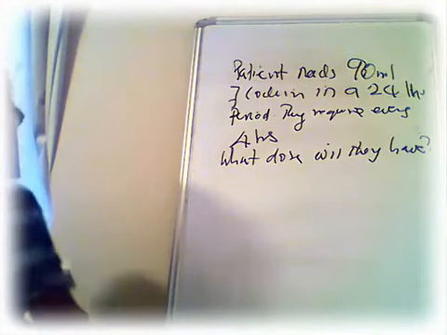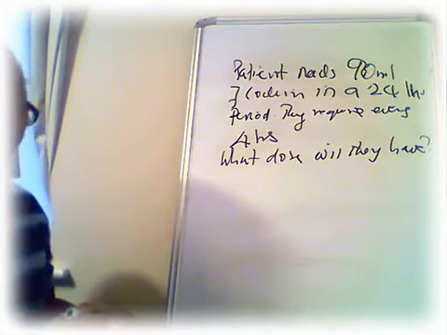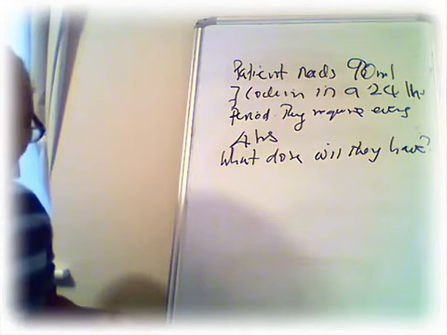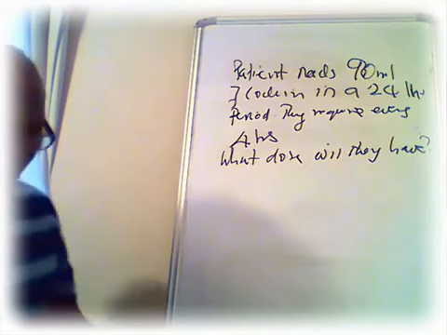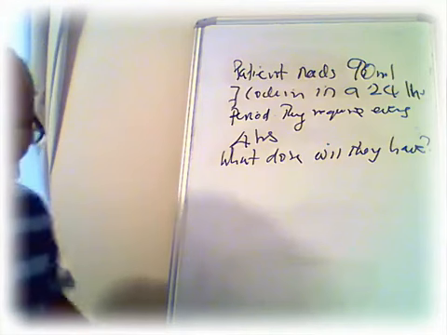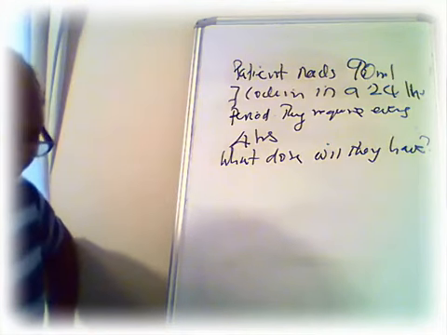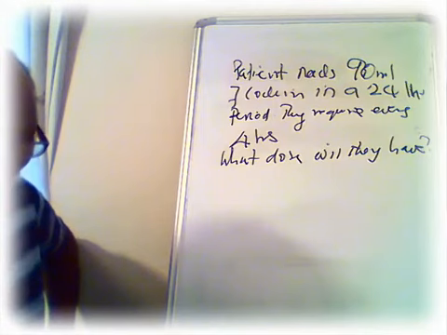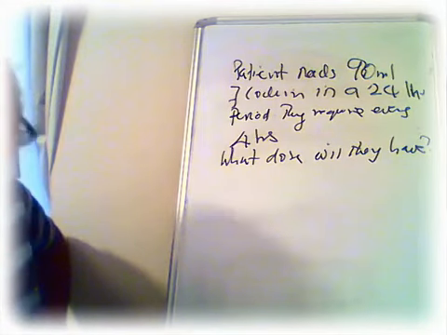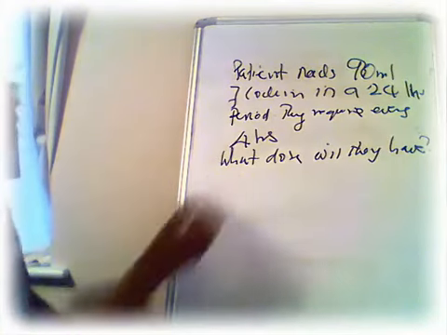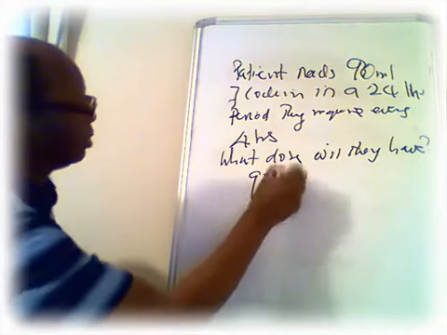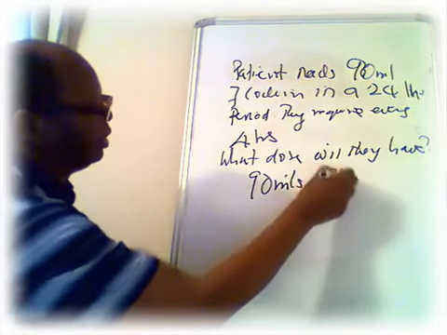Okay, right, so let's just look at this question carefully. So this patient needs 90 mils of codeine in a 24-hour period, and then they are receiving it every 4 hours. Okay, the question is, what dose will they have? Okay? So we know 90 mils is the total that a patient needs to receive in 24 hours.